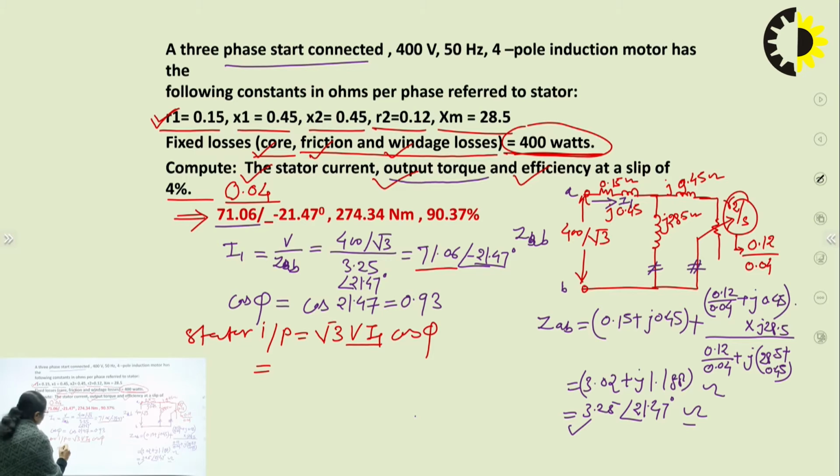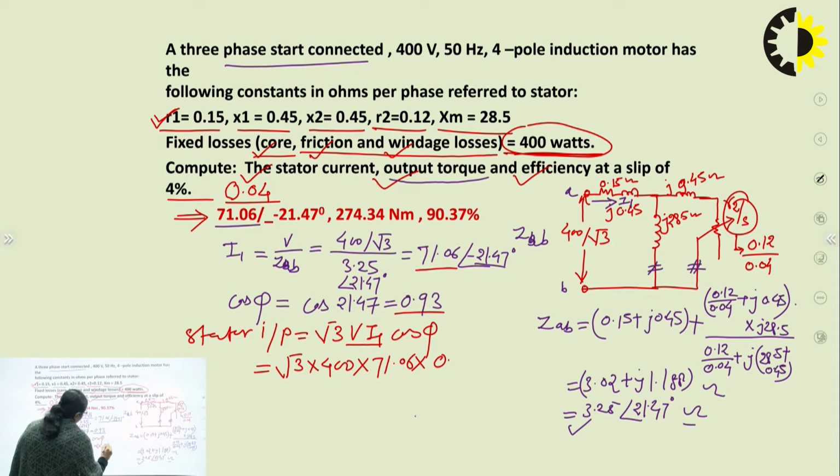So the stator input can very well be written as root 3 multiplied by 400 multiplied by 71.06 multiplied by the power factor, which is 0.93. Solving this, we get the total stator power input as 45.784 kilowatt, right? So this is the stator input power.